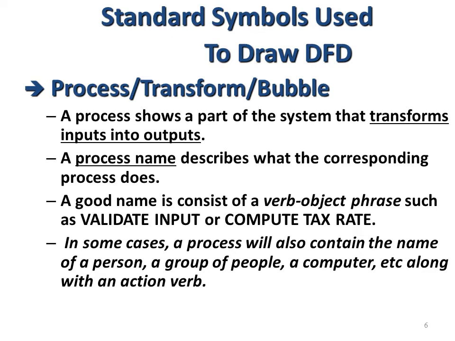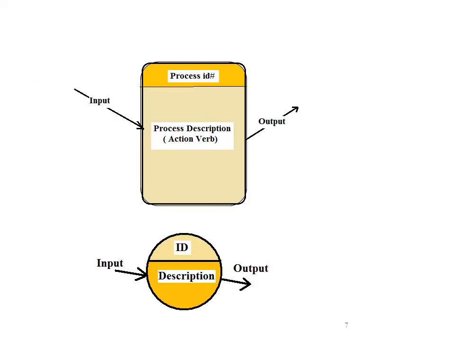A good name consists of a verb-object phrase such as validate input or compute tax rate. We don't use a noun as a name for the process. In some cases, a process will also contain the name of a person or a group of people, or a computer, along with an action verb.